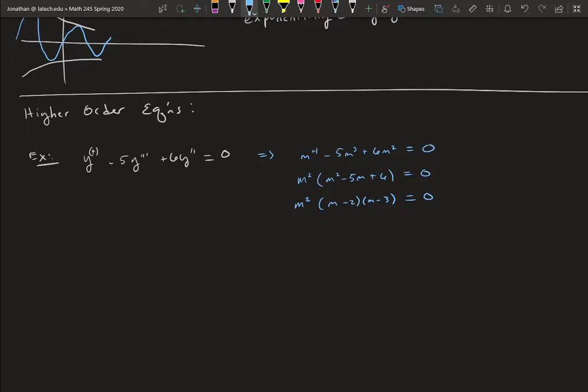So m equals 0 is a repeated root, and m equals 2 and m equals 3 are distinct real roots.